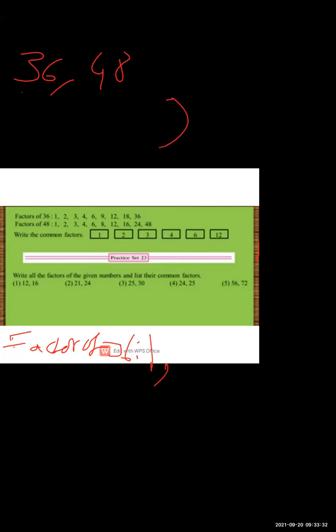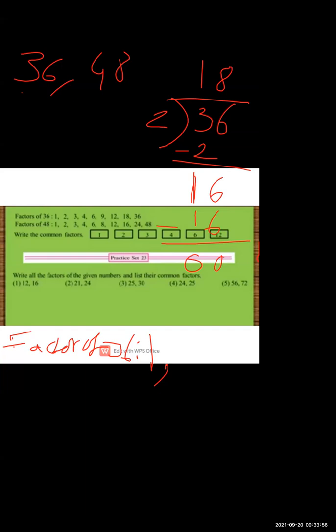See here, 2 and 36. 2 ones are 2, 3 minus 2, 1. And we will take 6 here. 2 eights are 16. 0, 0. Okay, it means 36 is going in the 2 table. So we will write here 2.